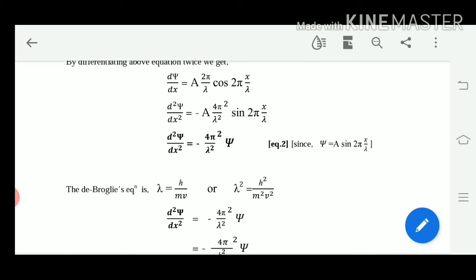Already we know the de Broglie equation is lambda is equal to h by mv. Taking the square of both sides, we get lambda square is equal to h square by m square v square.